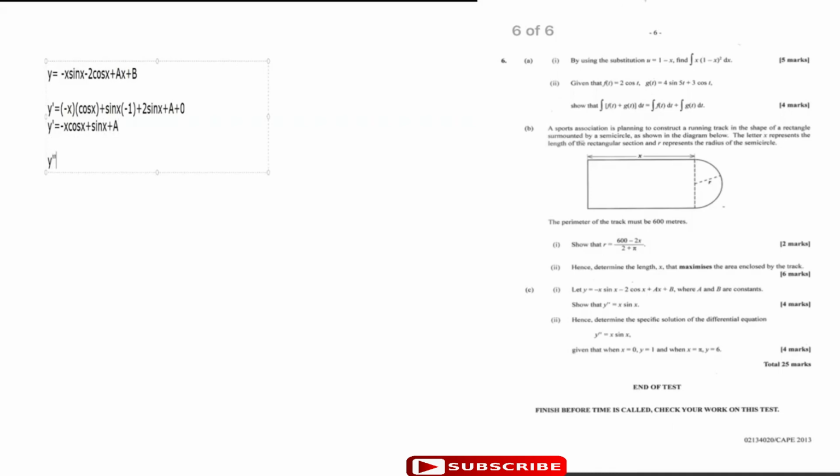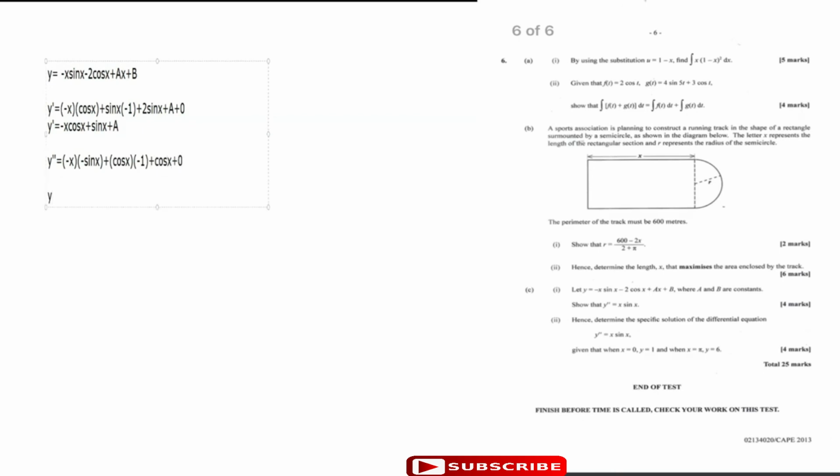We use product rule again to keep the first times the derivative of the second. When we differentiate cos, we get minus sine x, plus keep the second, which is cos x, times the derivative of the first, which is minus 1. Plus, when you differentiate sine, you get cos x. Then when you differentiate a, you get 0.